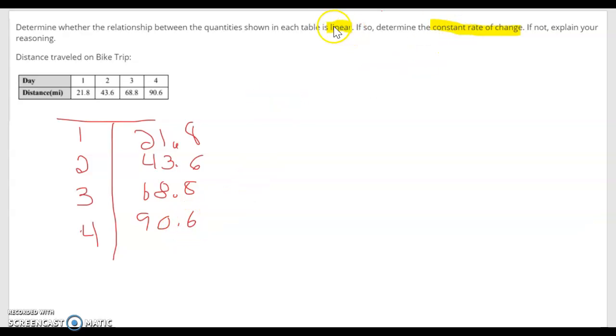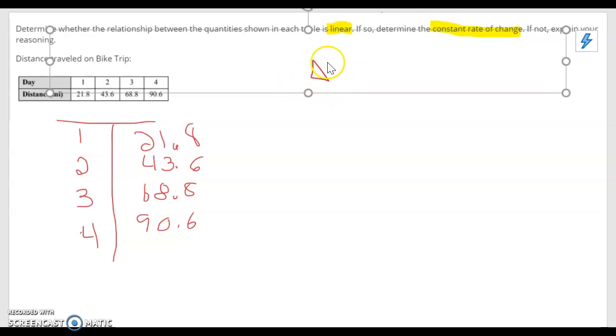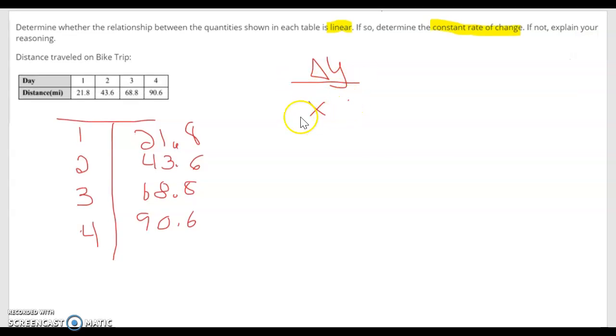It will only be a line if I have a constant rate of change. So I'm going to look for my change of y over my change of x. Here's my x's and here's my y's. When I find the difference between 21.8 and 43.6, I find that it is 21.8.